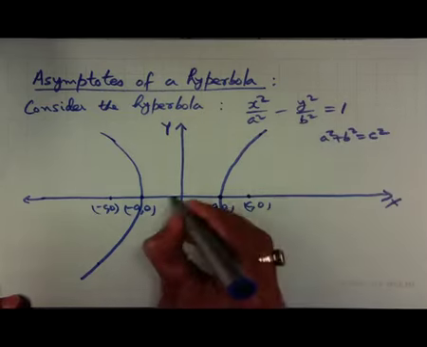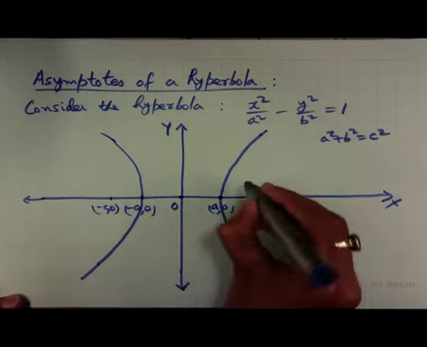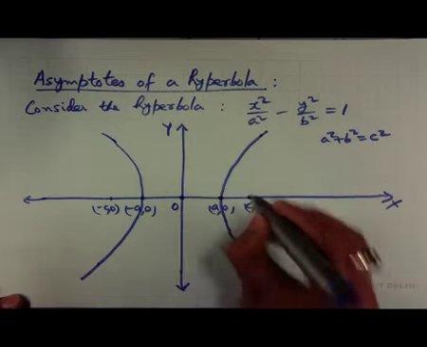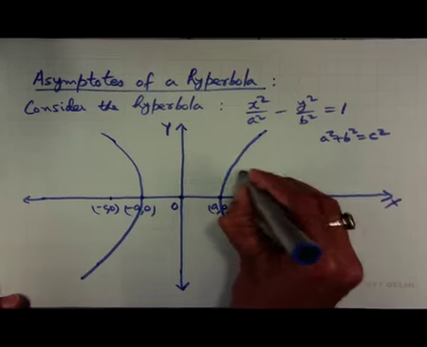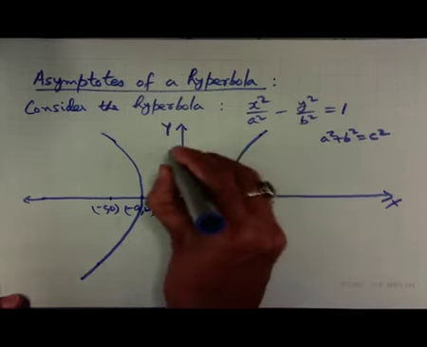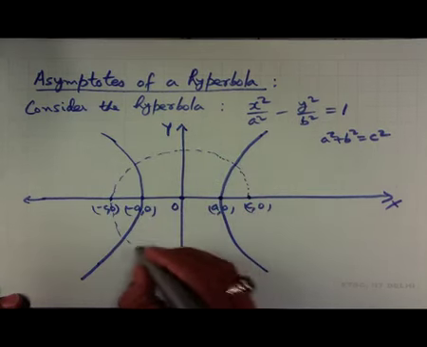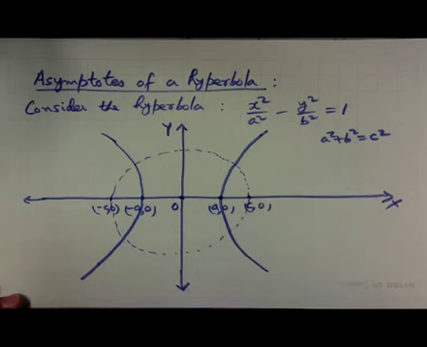So, this is the origin, and if I draw this circle centered at the origin and radius equal to c, I get this circle.